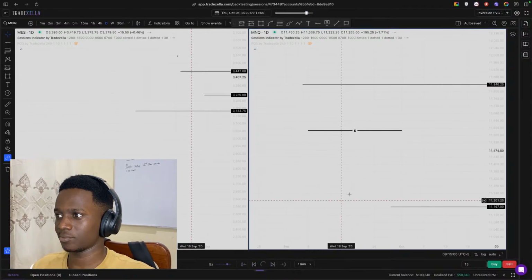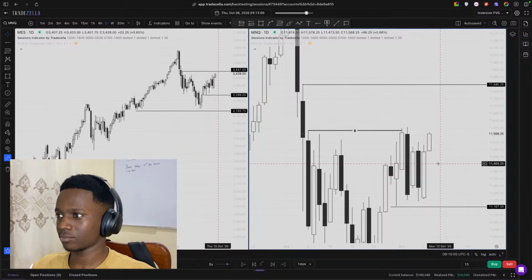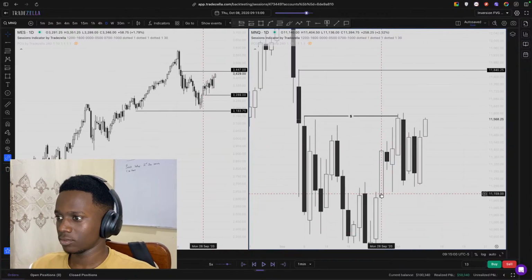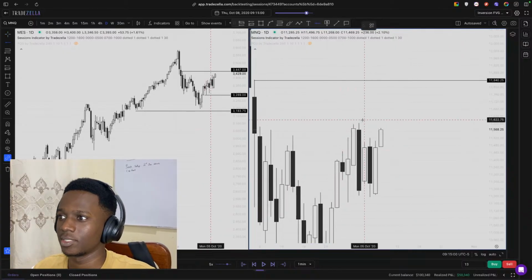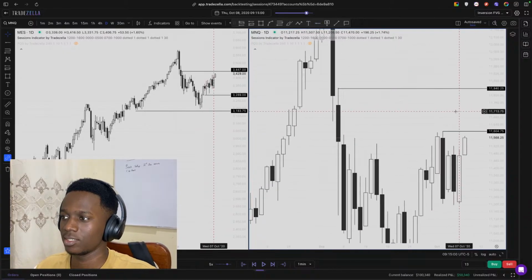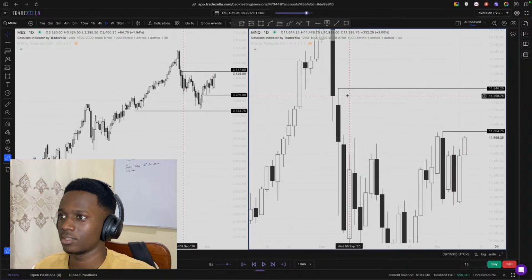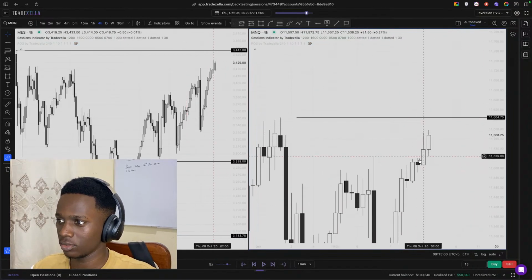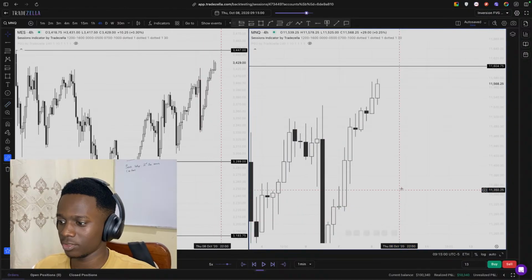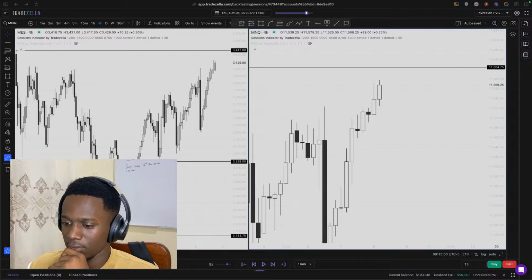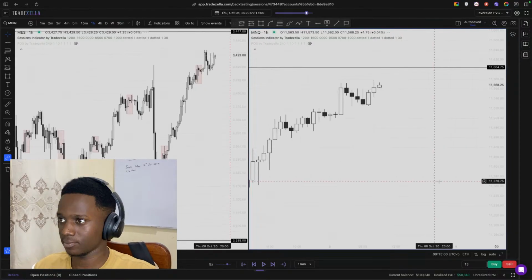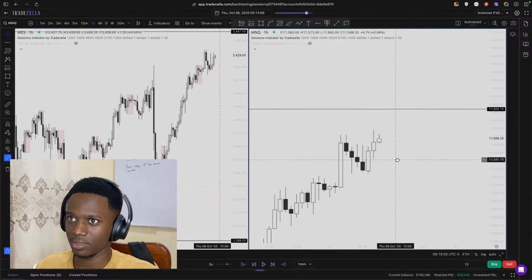The next stages. Okay, so there is a gap here that's still holding. Now maybe we'll be taking longs towards these highs and more. Small inversion here that's holding. So let's still see if we can take some longs, probably from this here.